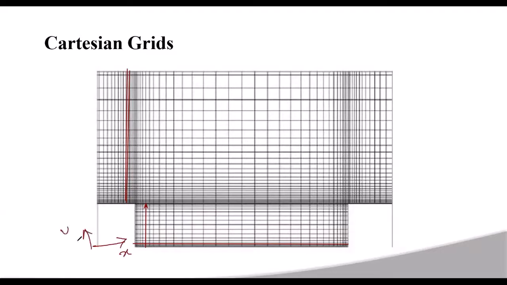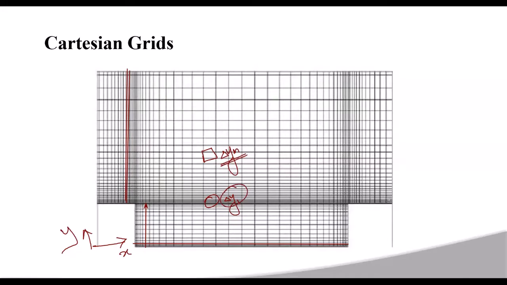X versus Y. As we are moving in the Y direction, the mesh spacing is being increased. Compared from this cell to this cell, the cell size or the distance in delta Y, here it is delta Y1 and here it is delta Y4 or Y6 or delta Yn. Comparing to this one, the delta Yn gap has been increased.